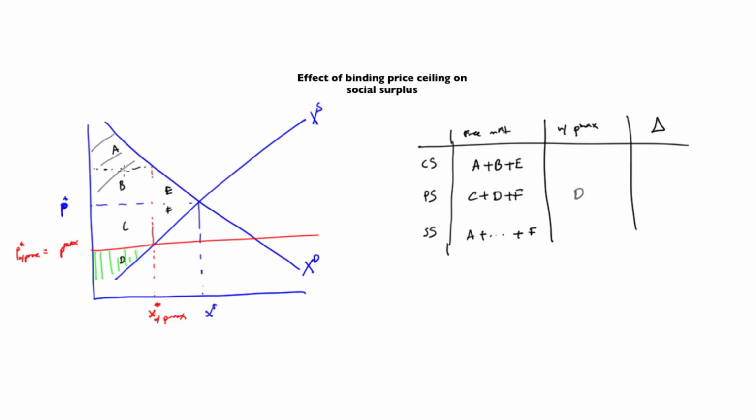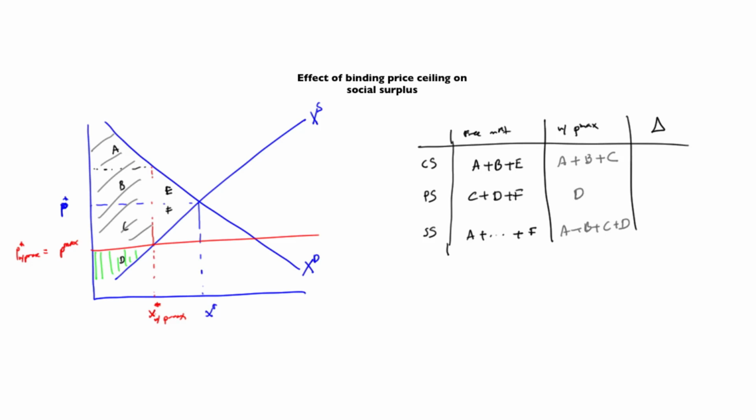So the surplus for the consumers is all of this, A plus B plus C. So what is the social surplus? A plus B plus C plus D.